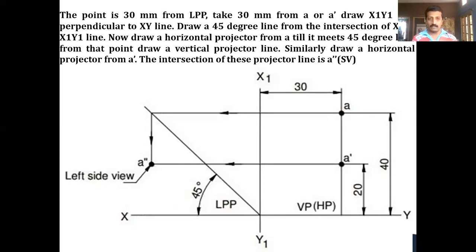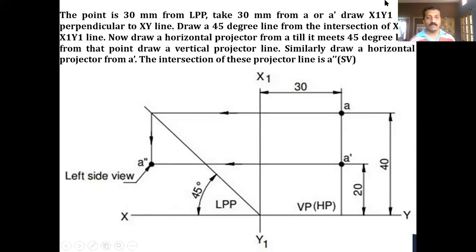Any doubt, either for today's class or any other question which you have tried and didn't get, you can give that information in the next class also, so I can discuss it. Okay, so this completes the projection of points chapter. If there are any doubts, put them in the chat box.